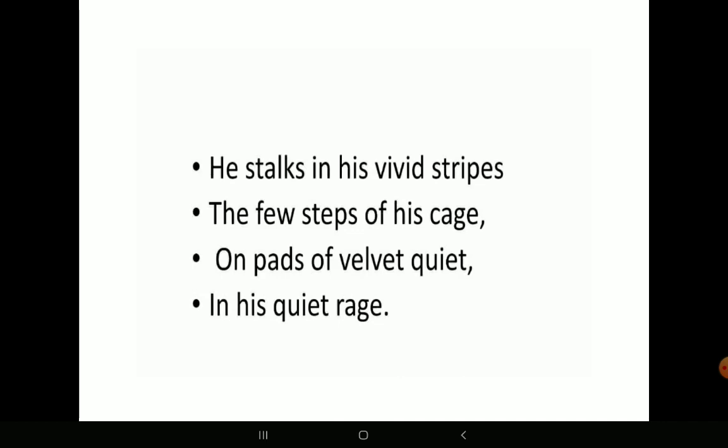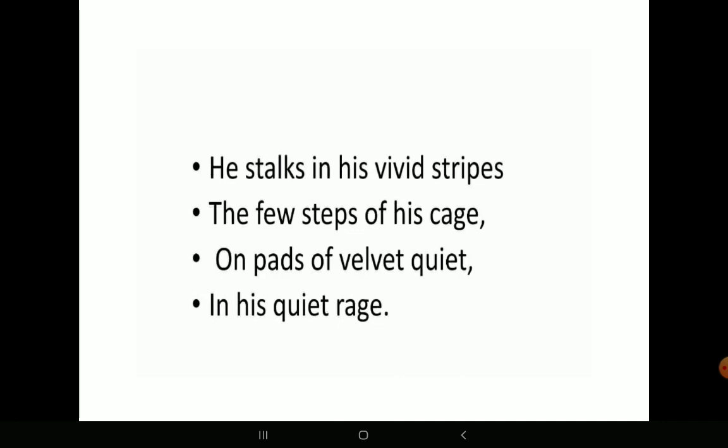Now see, quiet, which refers to calmness, and rage, which is anger, two contrasting words have been used to express the tiger's feelings. So it is a literary device known as oxymoron, where two contrasting words have been employed to express one particular idea.